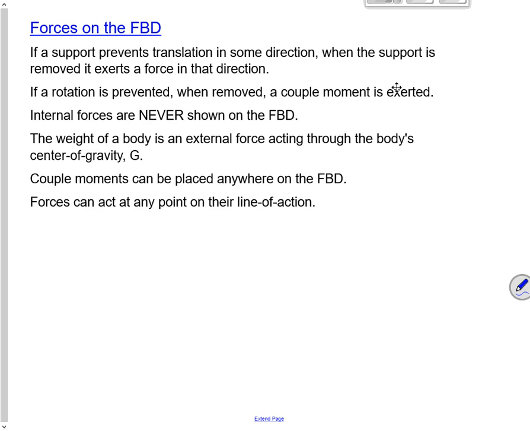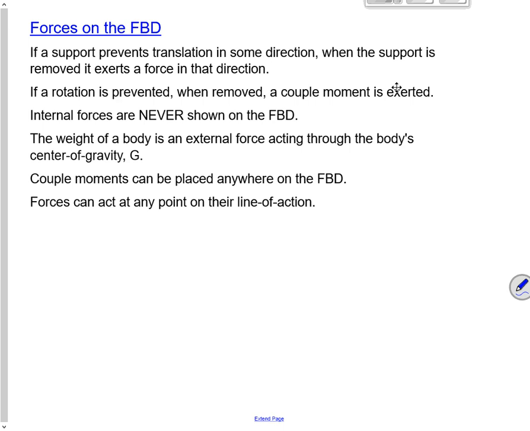Right, forces on the free body diagram. The way to figure out these support reactions: if a support prevents translation in some direction, when the support is removed, it exerts a force in that direction. In other words, when I isolate the object. If a rotation is prevented, when removed, a couple moment is exerted. I never show internal forces on a free body diagram.